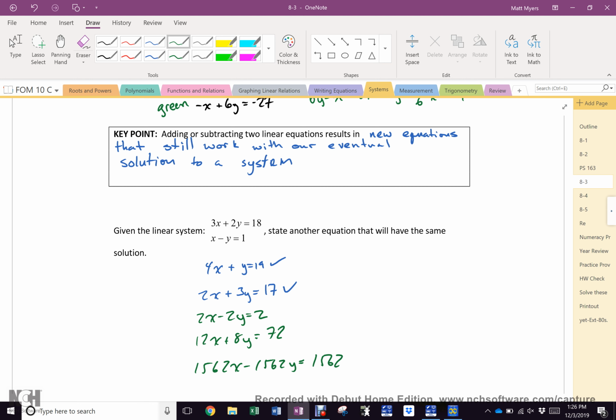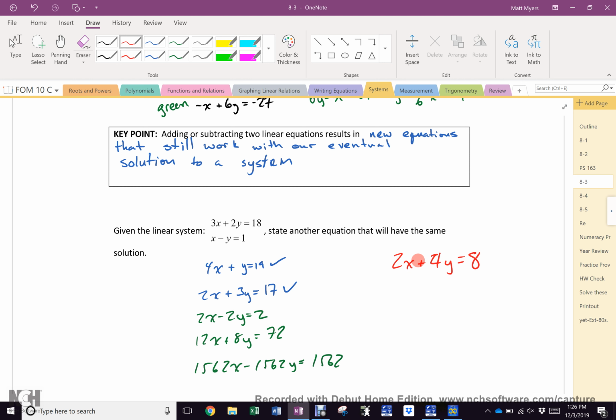Everybody good? Now, here's something that kids always forget. That red one. What could you do that we haven't discussed that would still work?